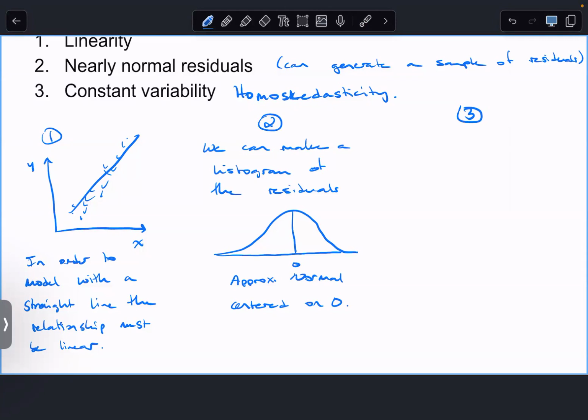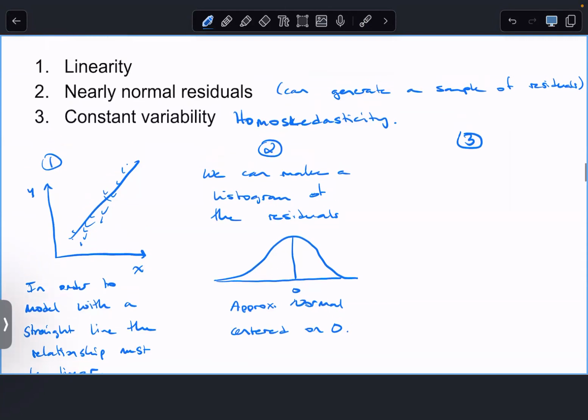I mentioned the term, even though it's hard to say and hard to spell, because this isn't going to come up on the final exam or anything, but if an assignment question mentions it, then it's good to know that it's actually just constant variability.